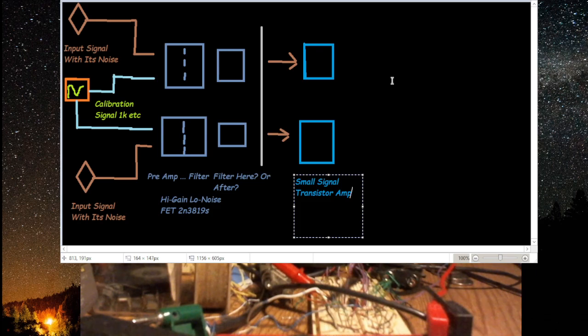Let's see. We got one. Might be an NPN. Let's see here. 2N, or actually, you know, I think it might be the 3904.